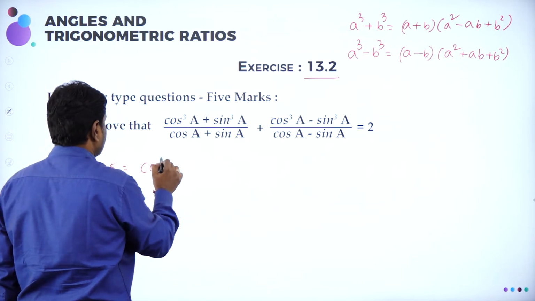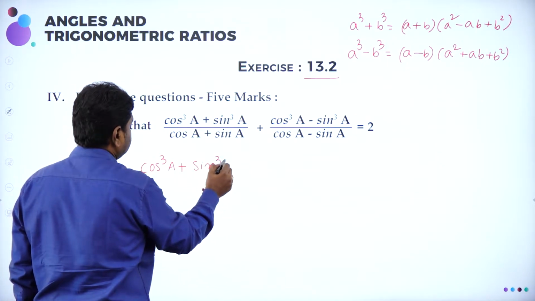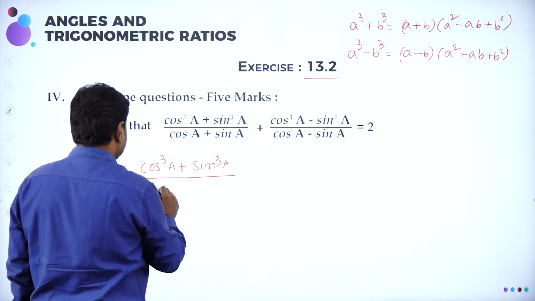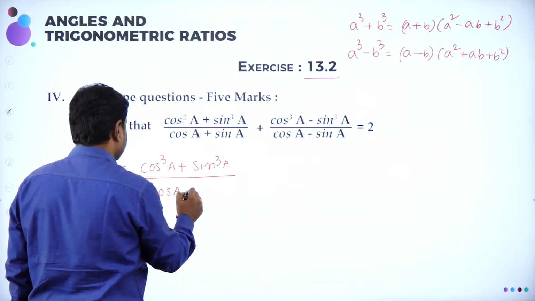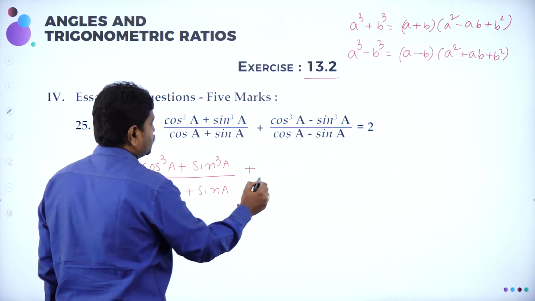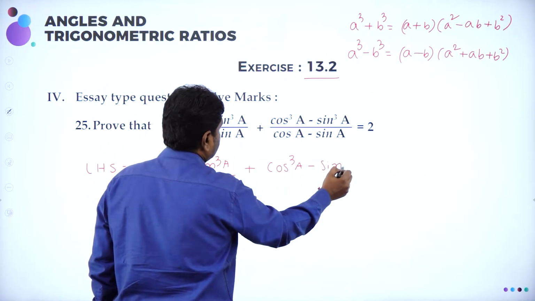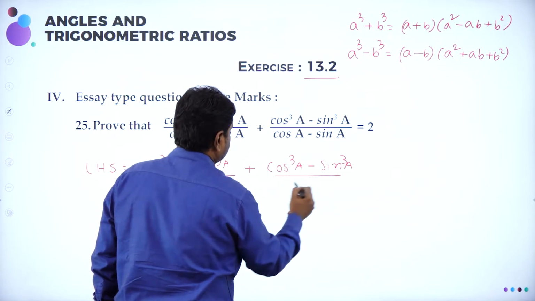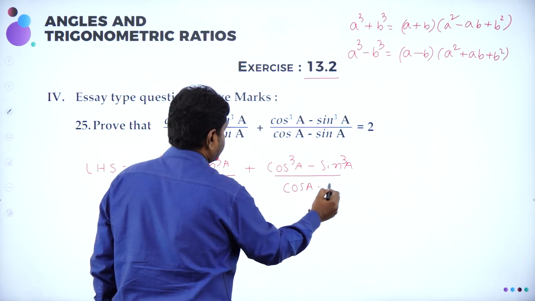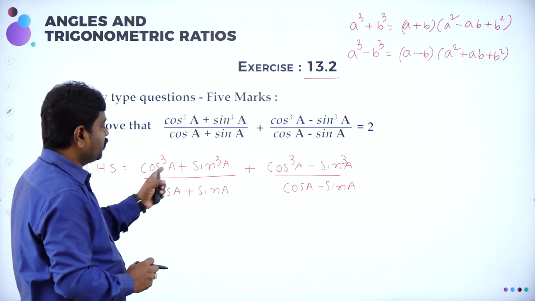LHS is cos cube A plus sin cube A by cos A plus sin A plus cos cube A minus sin cube A divided by cos A minus sin A. Now numerator is a cube plus b cube.